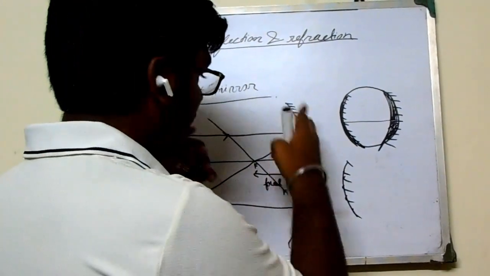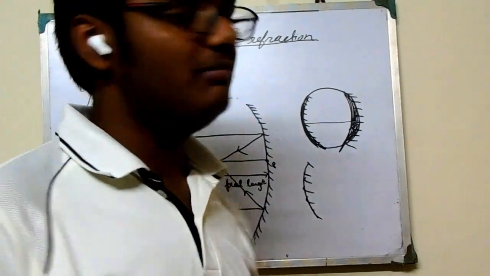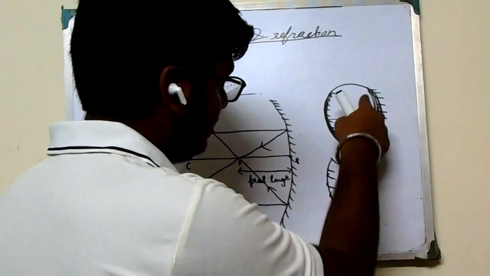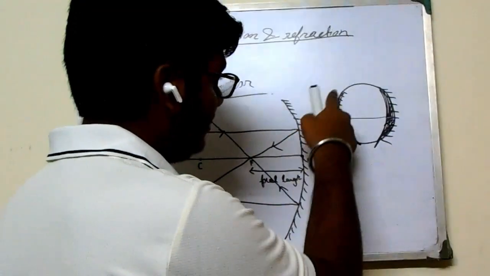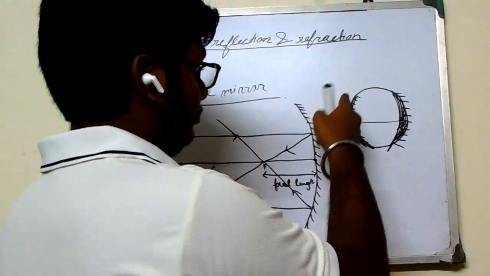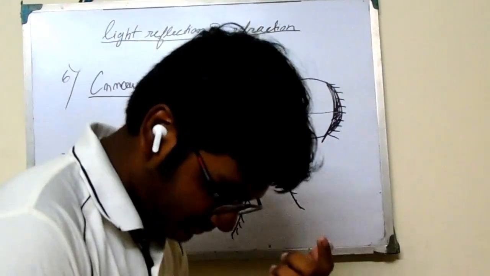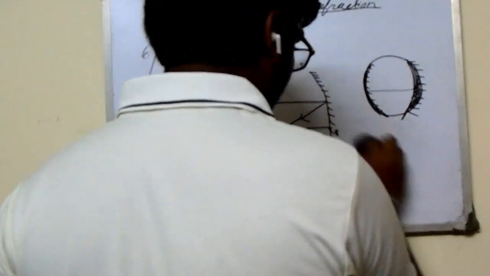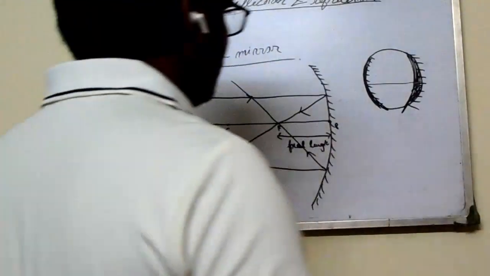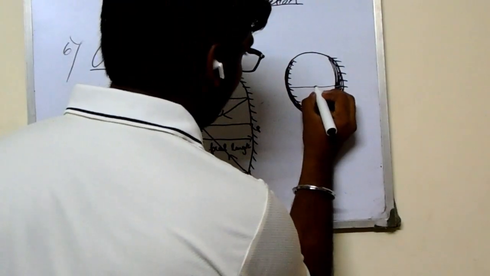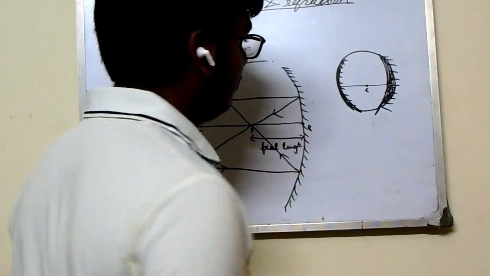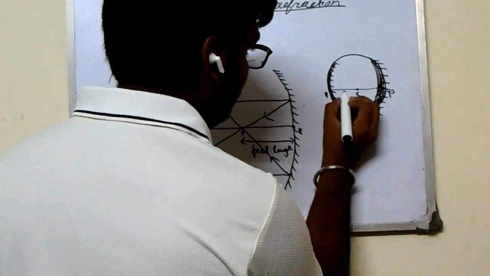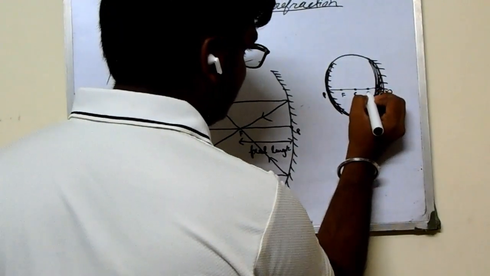Concave and convex are parts of a spherical mirror. In concave, this part is the reflecting surface, and in the case of convex, this part is the reflecting surface. So this one is the center of curvature, this one is P, this is F, this is F.